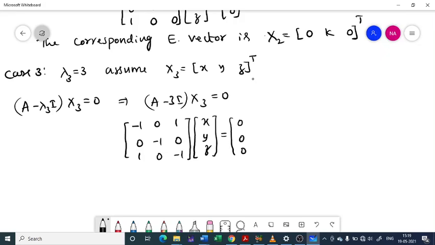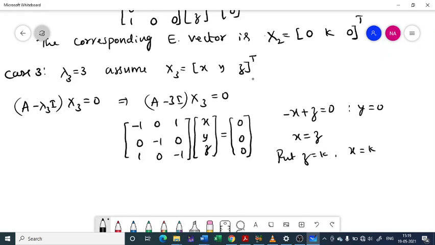You can check that the relationship you are going to get is minus x plus z equal to 0 and y equal to 0. Actually you get minus y equal to 0, which implies this. So x equal to z. Put z equal to k, then x will be equal to k.